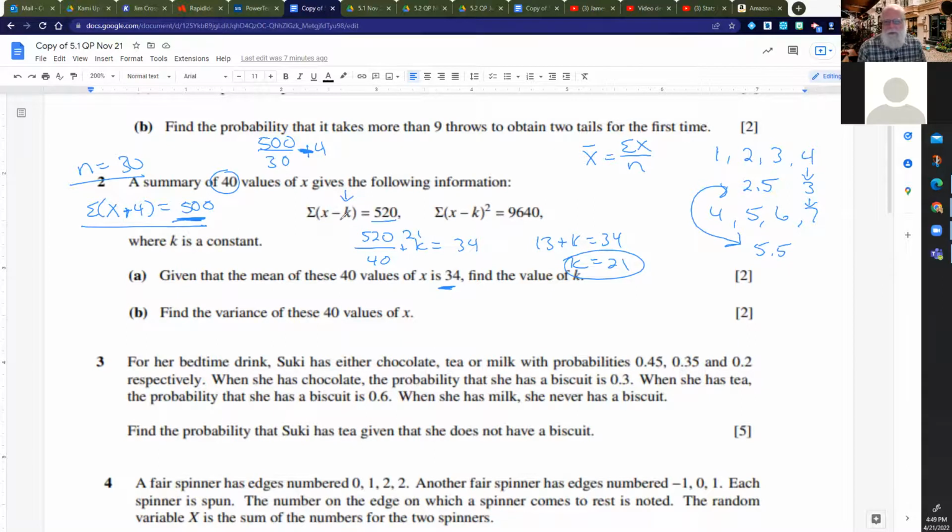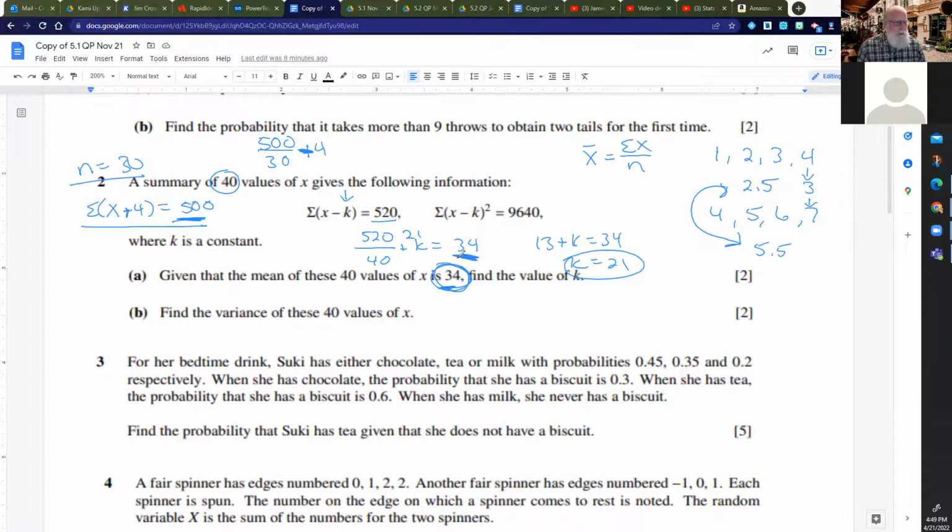Now, the only difference in this question is they're telling me what the mean is and not telling me what I took away. So I'm still going to do kind of the same thing, only I know the mean. I'm not trying to find the mean, but I don't know what this number is. So I'm just putting plus K, but then I have to figure out what that is. They're just kind of reverse of each other.